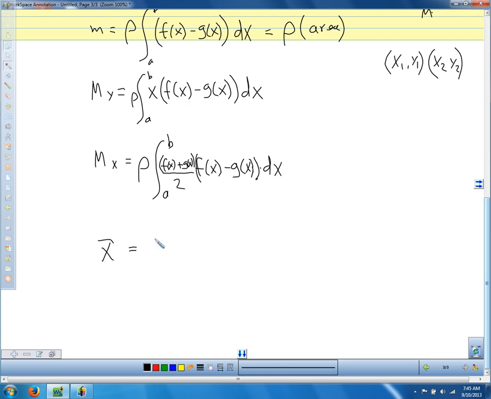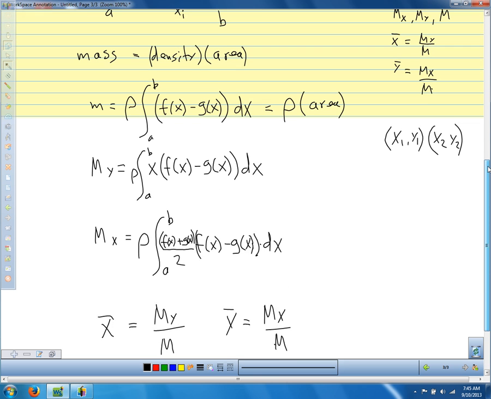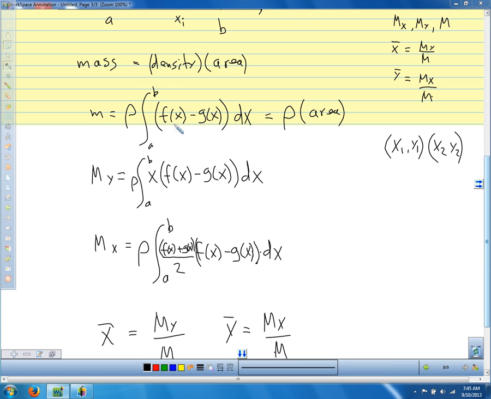x bar is m sub y over the total mass, and y bar is m sub x over the total mass. And the mass is just given by the density times the area. So this integral f of x minus g of x dx shows up in all of these. That's the area of the little representative rectangle.